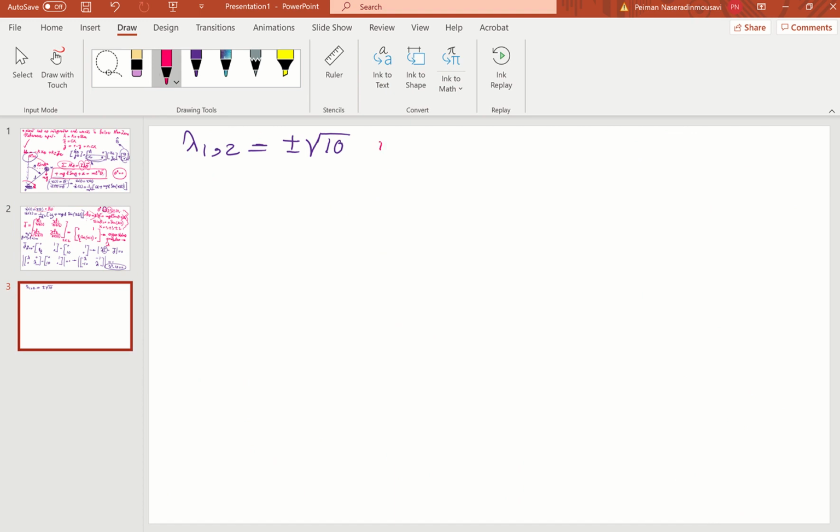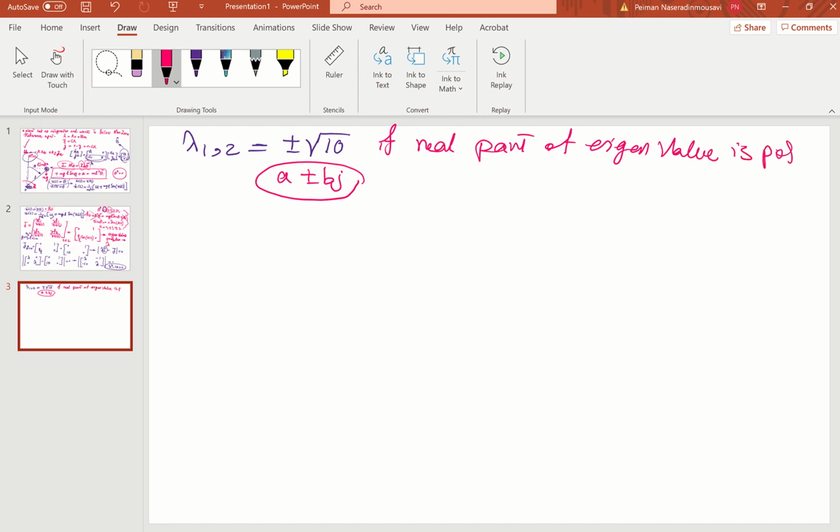If the real part of the eigenvalue, because your eigenvalues can be a complex number, right? Generally, if the real part of the eigenvalue is positive, your equilibrium point is unstable.